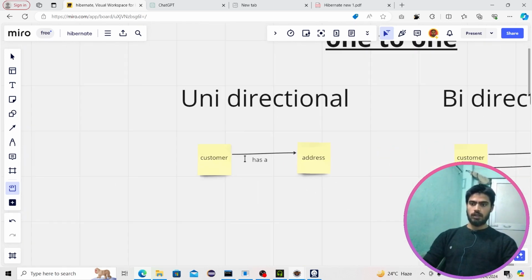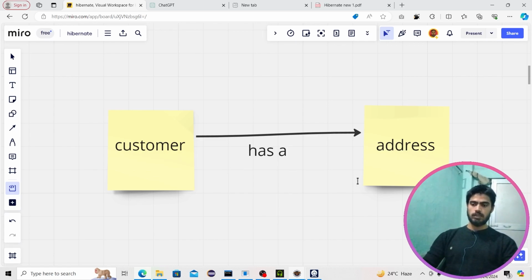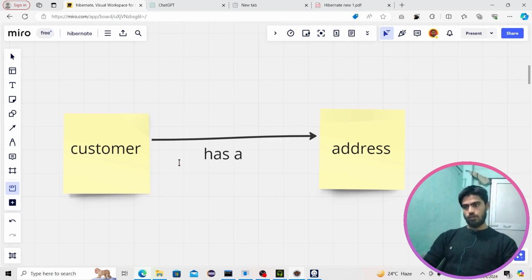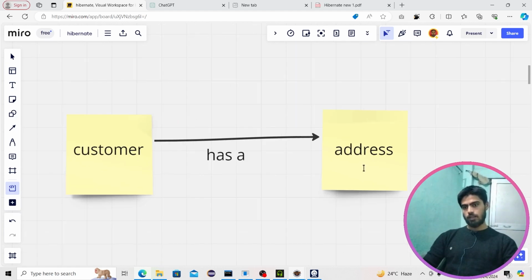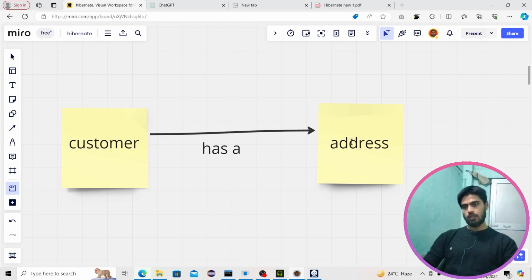Look right here, it is a has-a relationship, which means it is going to be association mapping. So we have customer has address. What else can be done? If you see this relationship from the address side, you get address has a customer.